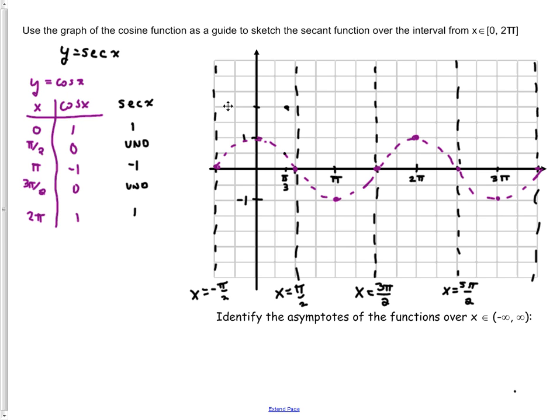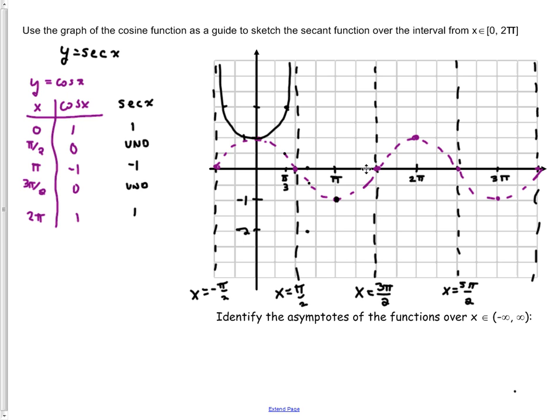Same thing at negative pi over 3, positive 2, and this graph is going to come down along the vertical asymptotes, pass through the point 0, 1, then go back up along its vertical asymptote. Similarly, between our asymptotes pi over 2 and 3 pi over 2, at 2 pi over 3 we would get negative 1/2 for cosine, so we get negative 2 for secant.